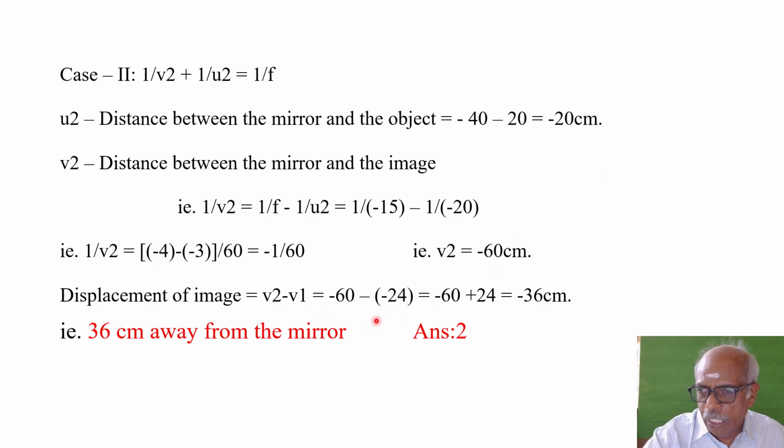So minus 60 minus of minus 24, minus of minus is plus, so minus 60 plus 24 is equal to minus 36. So 36 centimeter, as per the negative sign, away from the mirror. The second image will be obtained 36 centimeter away from the mirror. So option 2 is the right answer for this question.